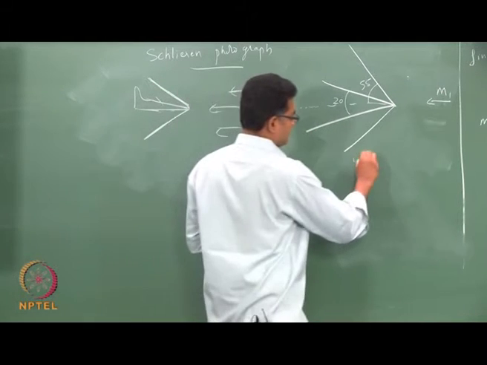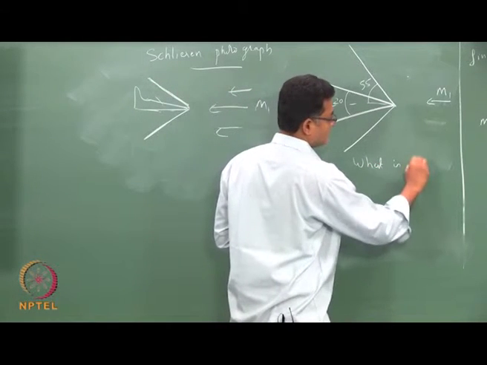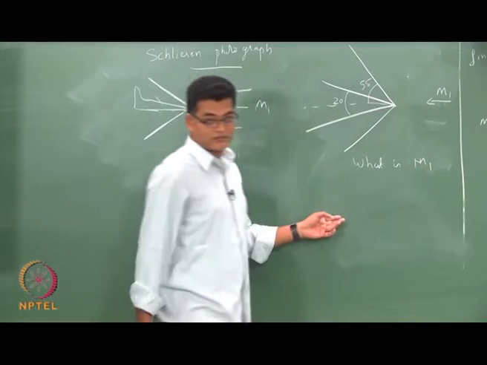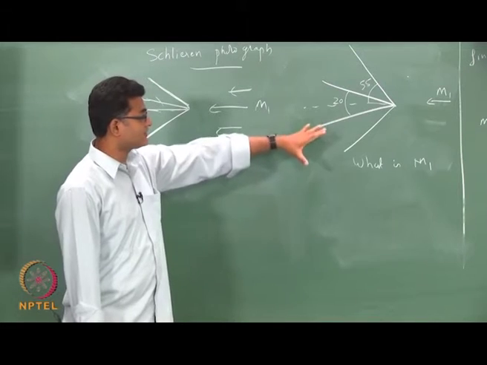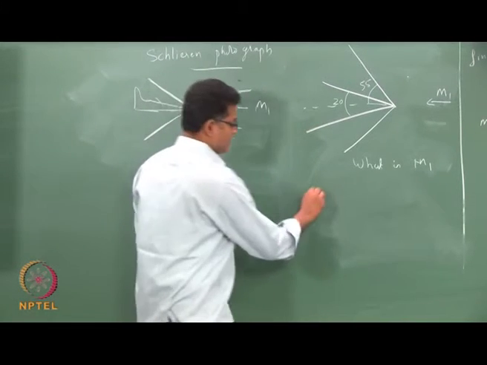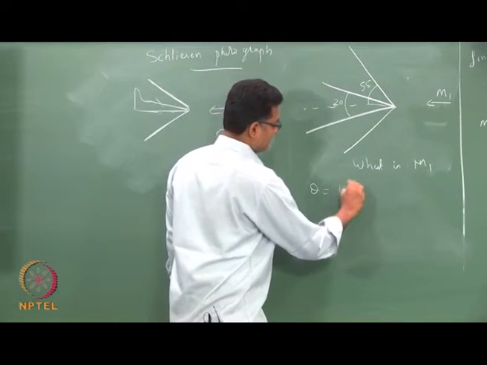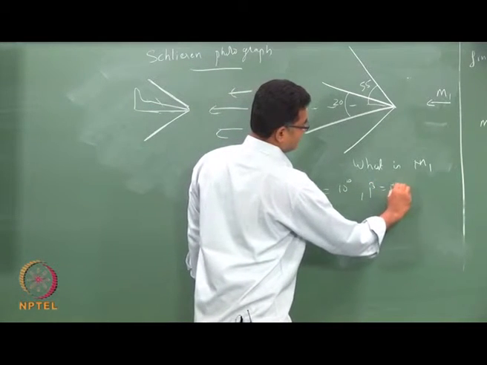The question is what is M1? Okay. So, it is a very easy question, but you have to understand that your theta is 10 degrees and your beta is 55 degrees.